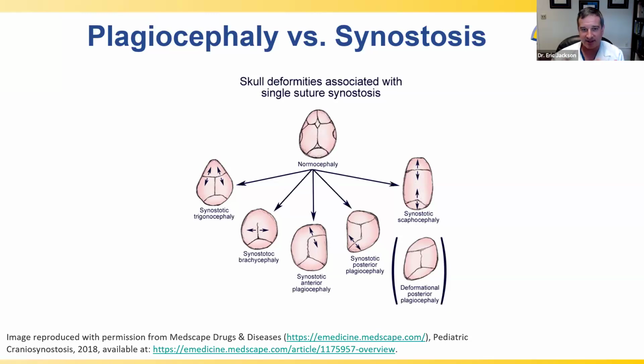And a parallelogram is very reassuring that it is positional. Compare that to coronal synostosis. The flat side is on the same side in the front and back. So we get a trapezoid. A trapezoid shape is something that worries us. And so that's something that we tend to think more about and would be more likely to think about imaging.